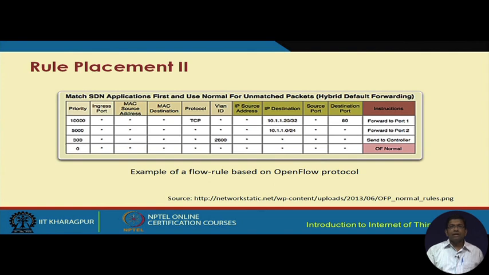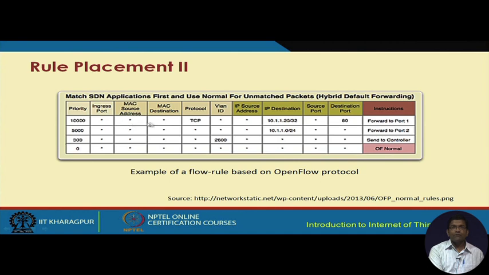Here, in this slide, we see an example of a flow rule based on the OpenFlow protocol. Essentially, if a packet arrives, it will check the priority. If the priority matches, star means that it does not require any match.